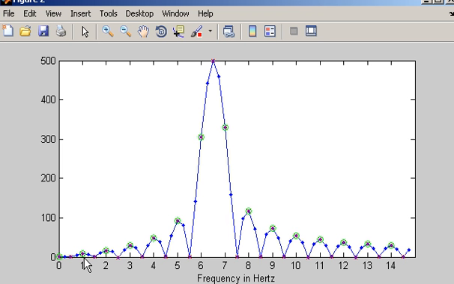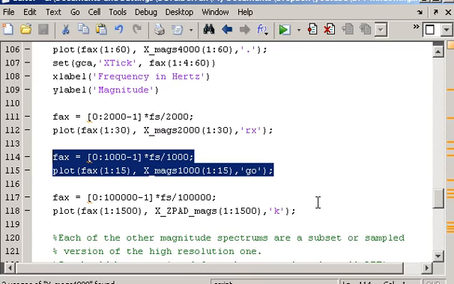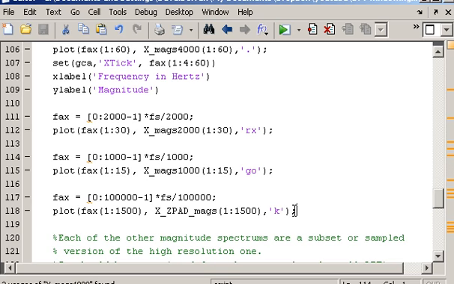To highlight that, I'm just going to plot the magnitude spectrum of the zero padded signal.